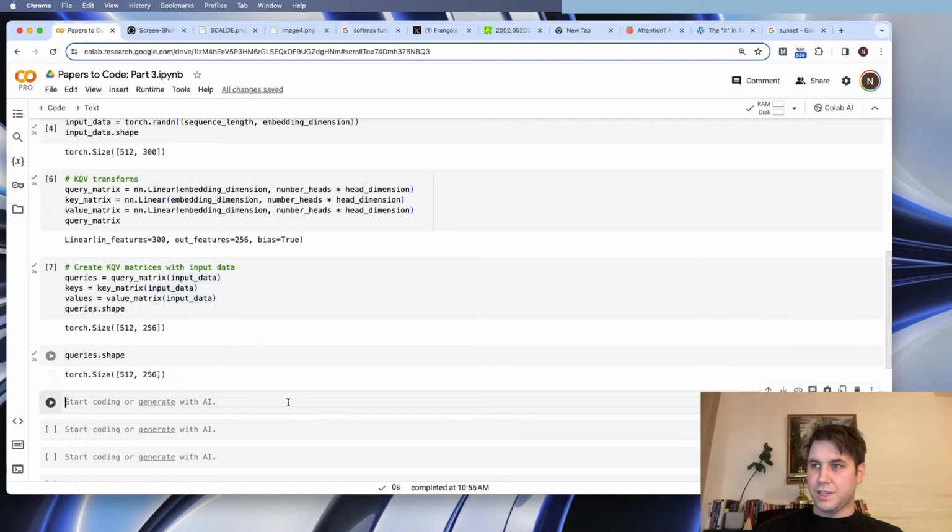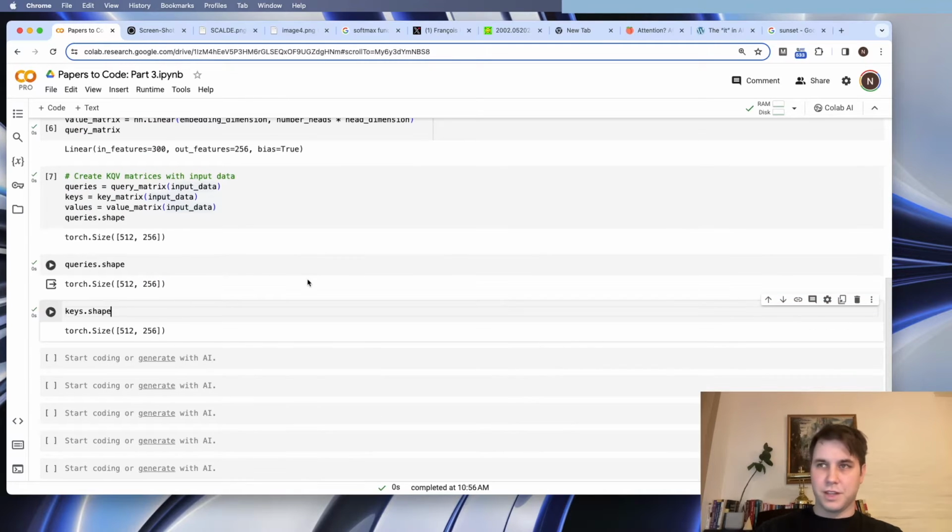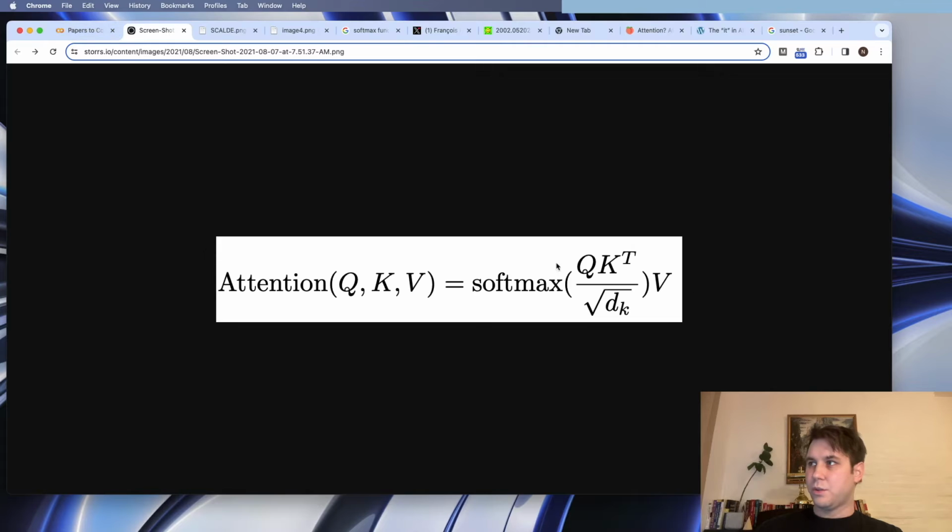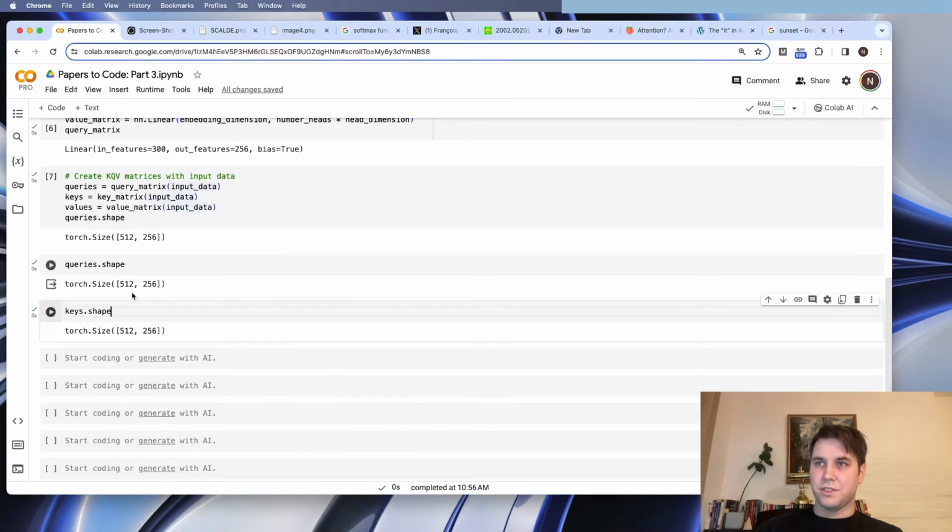And the same goes for keys. Remember, there's nothing special about them. At initialization, they're random. These are just different versions of the input data. We're just making projections of the input data, and then we do some computation with them. So the first thing we have to do is multiply query and key together, but of course, these are different shapes. The inner dimension doesn't match.